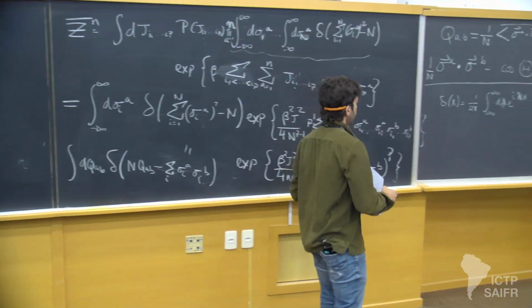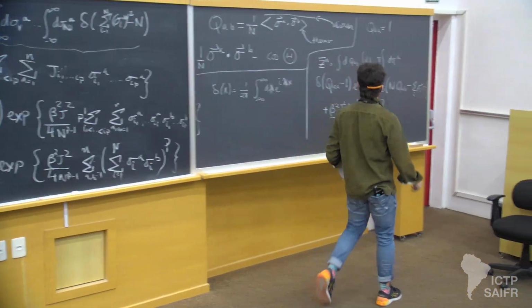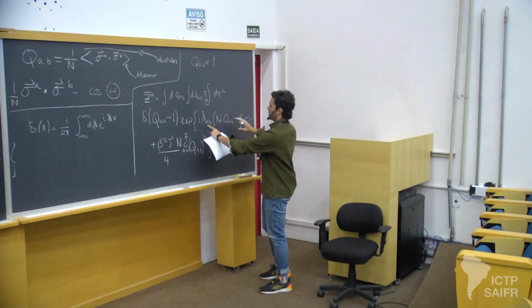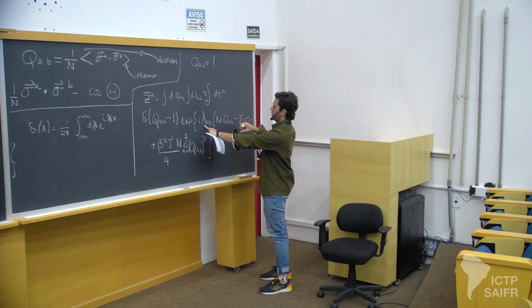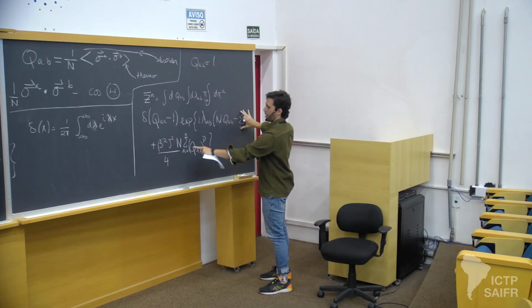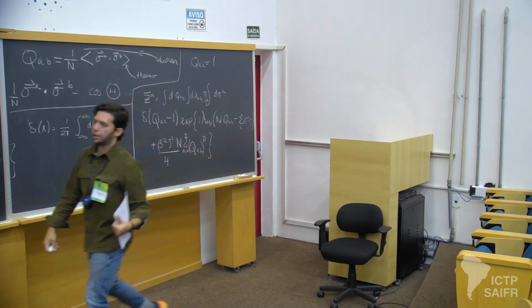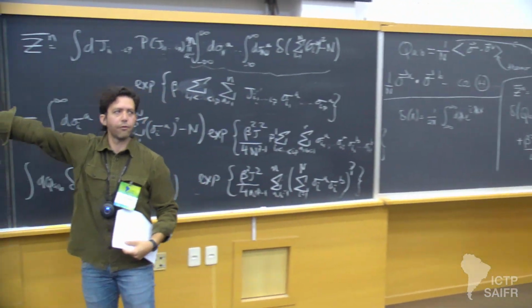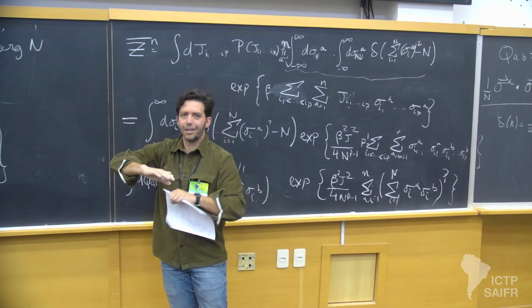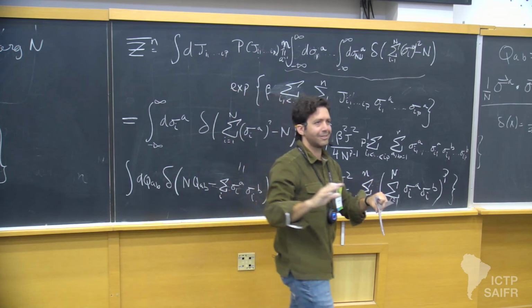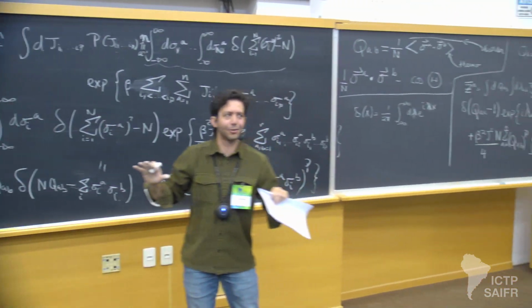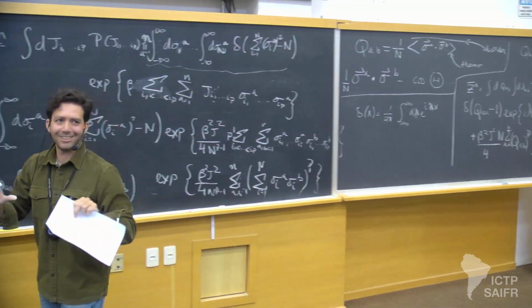Now, if you look over here, I have n over here. I've gotten rid of this. N over here, and an n over there. So everything has an n. And n is big, n is huge. So now I'm not going to do any integrals anymore. I'm just going to do saddle point.